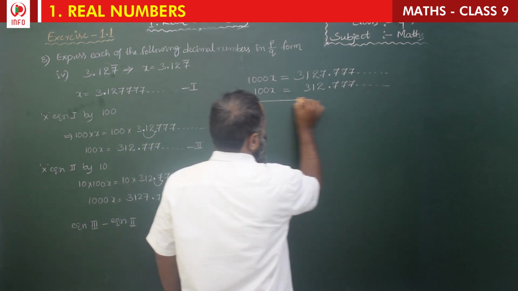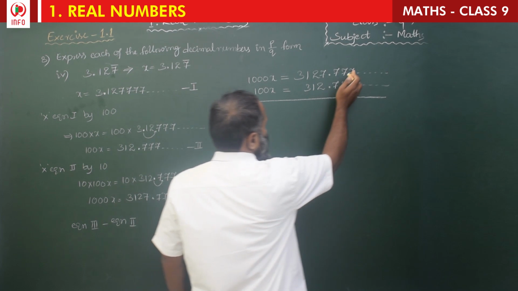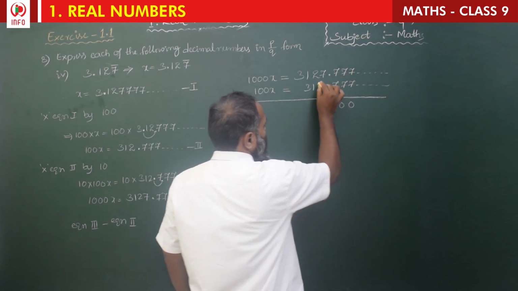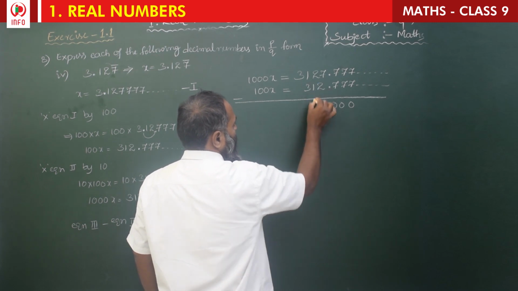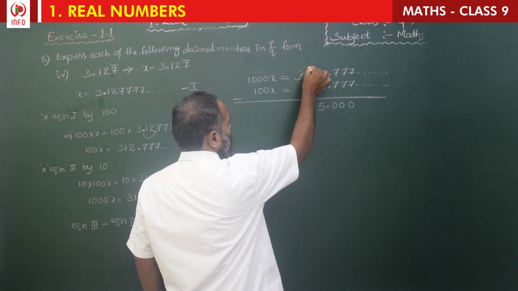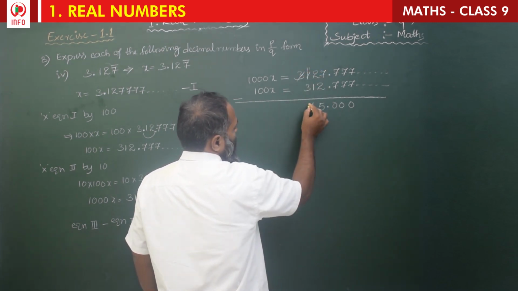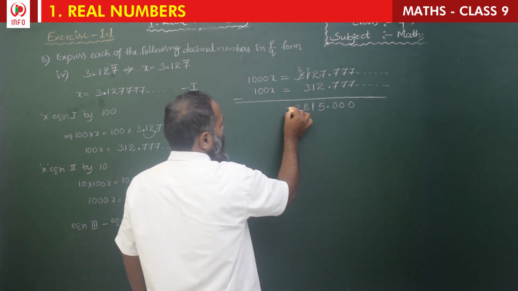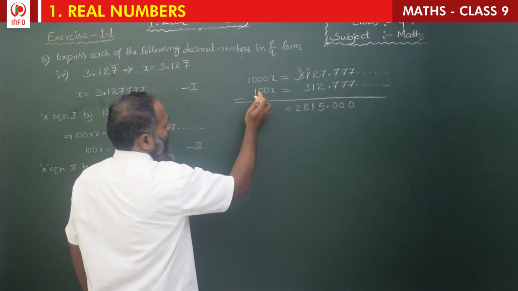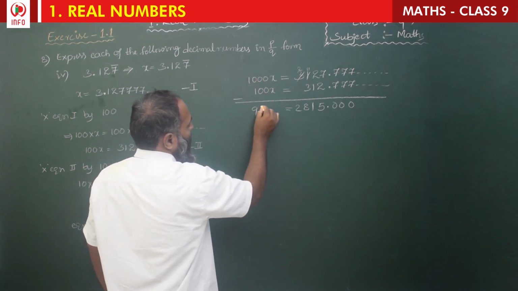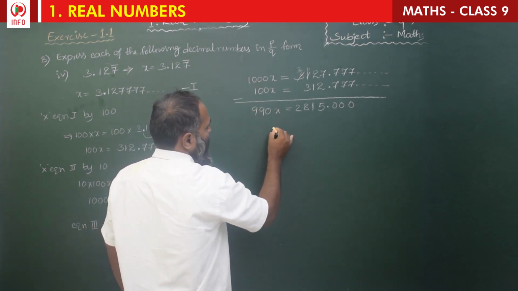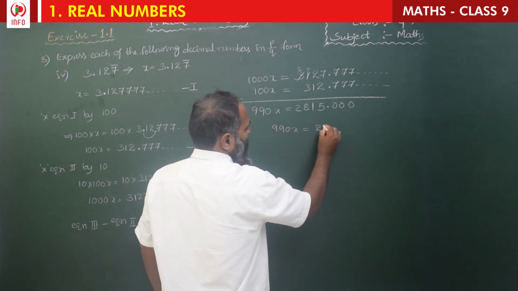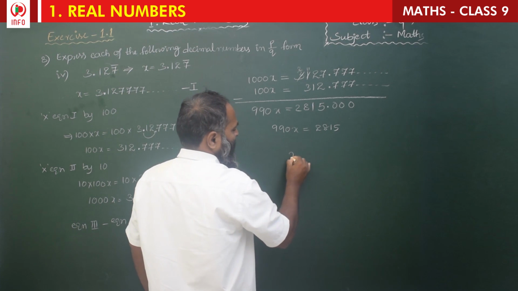Now subtract. 7 minus 7 is 0, 7 minus 7 is 0, 7 minus 7 is 0, 7 minus 2 is 5, 2 minus 1 is 1, so borrow 11. So 11 minus 3 is 8, and 1000x minus 100x is 990x, that is 990x is equal to 2815.